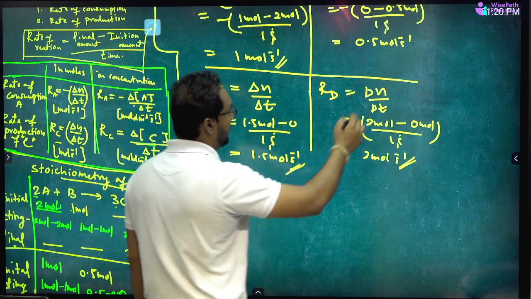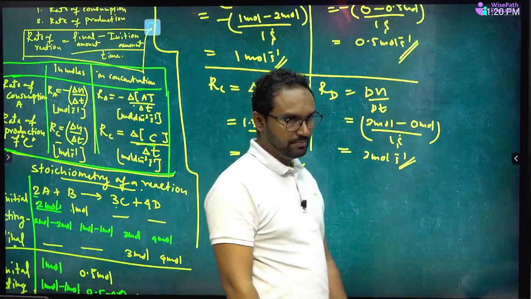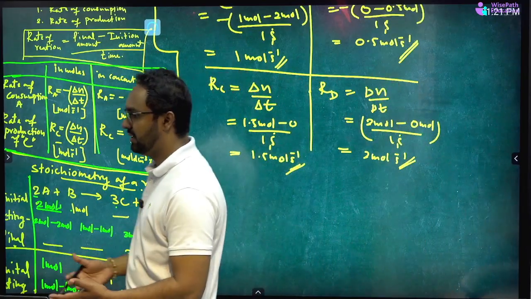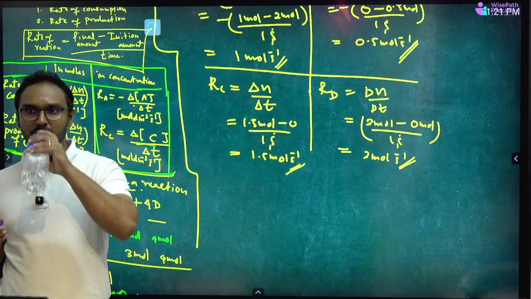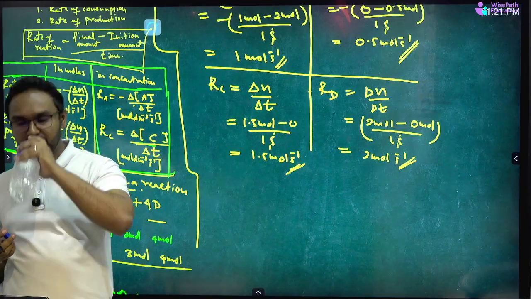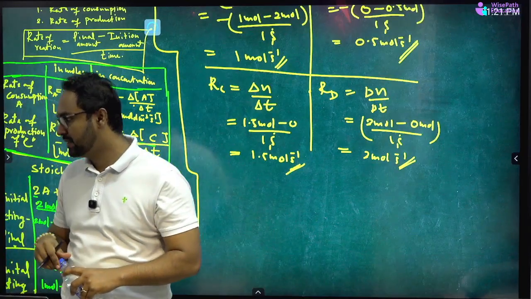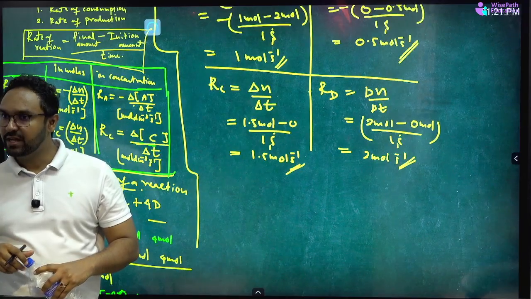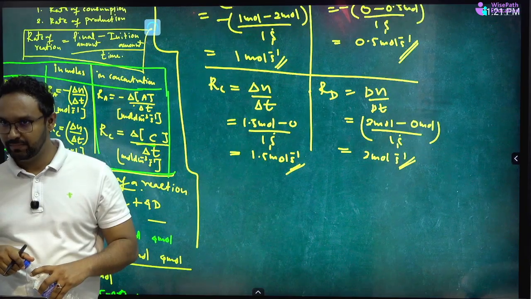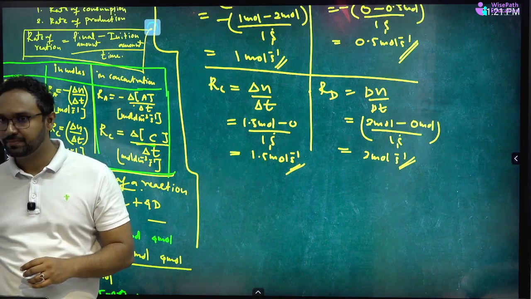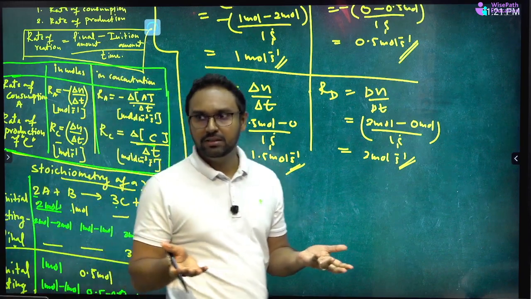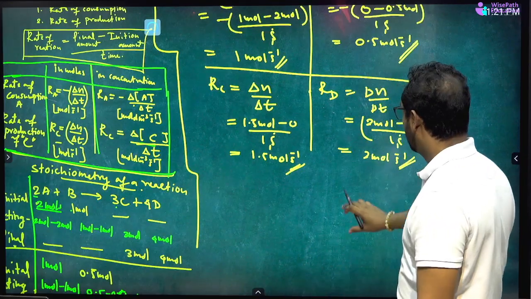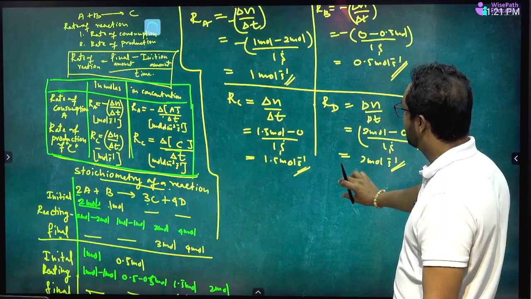Now, do you see that this has 4 different rates of reactions, and why has it changed? Yes, because the stoichiometry is different. When you have different stoichiometry, the rates of reactions are different. If you have the same stoichiometry, they have the same rate of reaction.